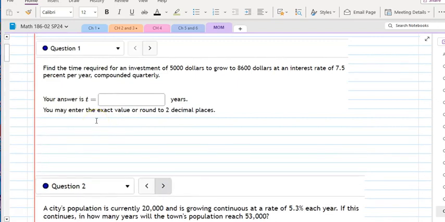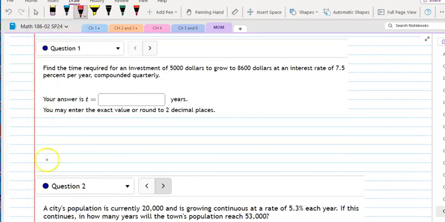The amount A after t years is A = P(1 + r/n)^(nt), where P is 5,000, A is 8,600, interest rate r is 7.5%, or 0.075. Compounded quarterly means n equals 4.